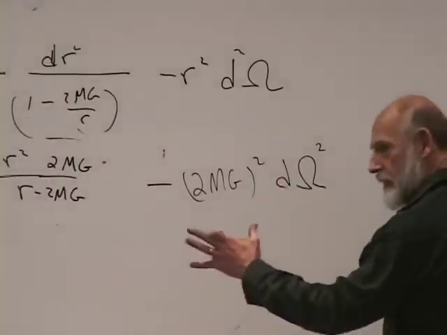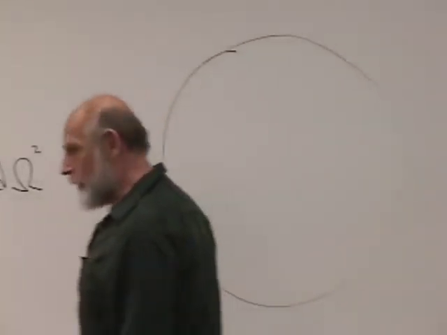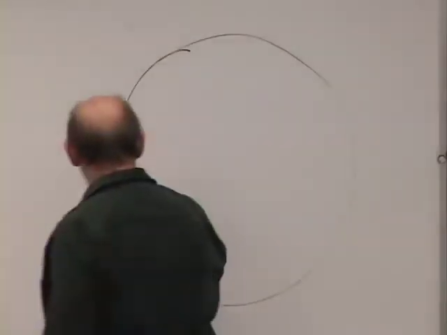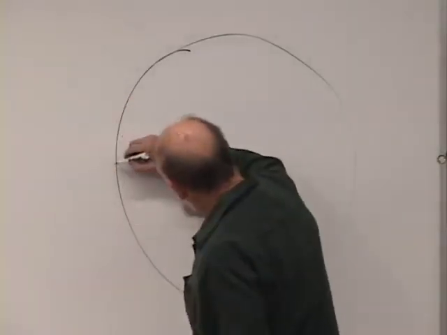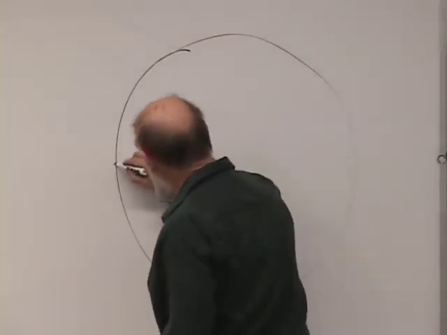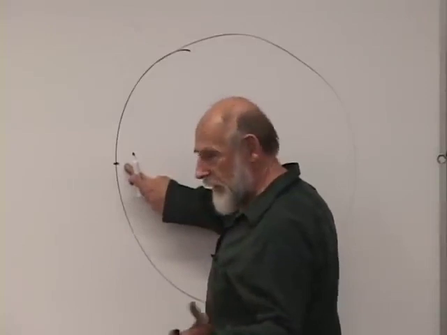This is what we're doing. Let me tell you what we're doing. Here's the horizon of the black hole, r equals 2mg. We're interested in the neighborhood of a point near the horizon. I'm interested in what somebody sees who moves in and out. Well, if they move in, they don't move out again.